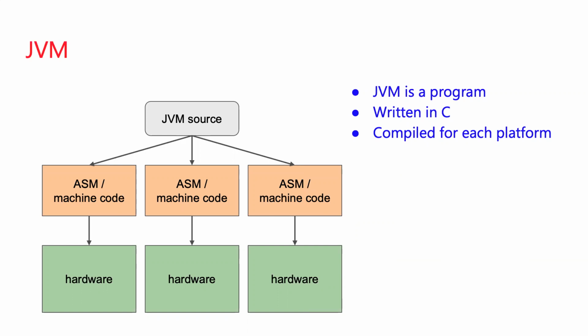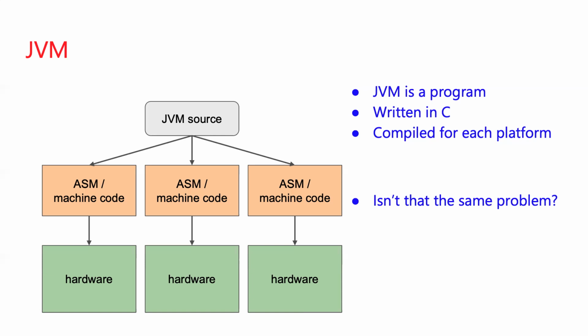So even with Java, we've just pushed some of this platform dependency into the Java virtual machine itself. Now, Java bytecode may not depend on a particular platform, but the JVM still has to be compiled for every machine we want to run Java on.